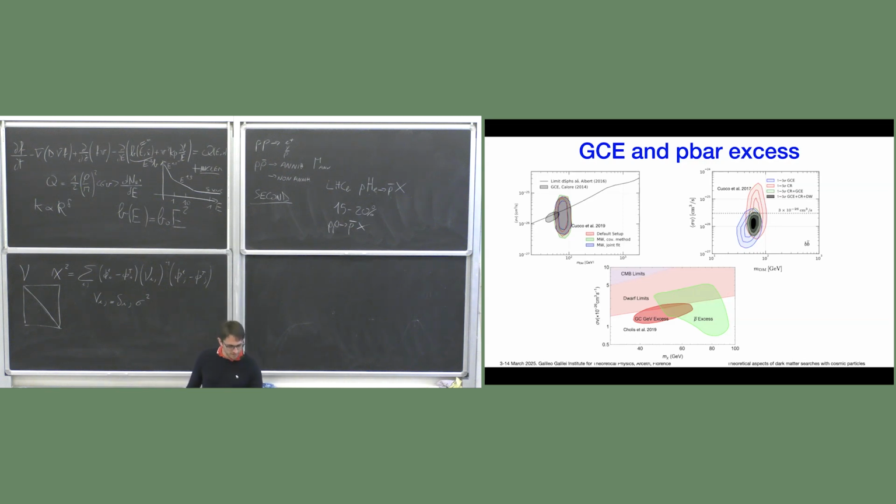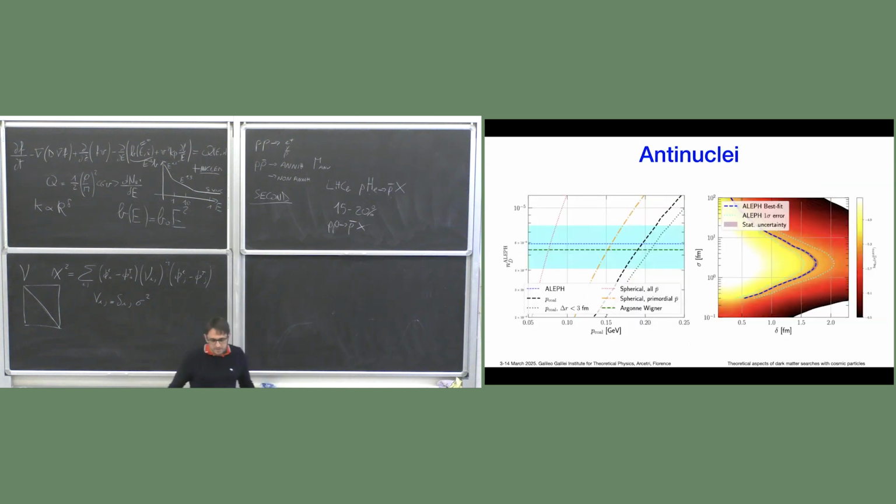And actually here in this room we have one of the authors of this idea, Nicolao, that together with Fiorenza Donato and Pierre Salati, were the first to theorize that antinuclei can be probably one of the easiest smoking gun signatures for dark matter in indirect detection.